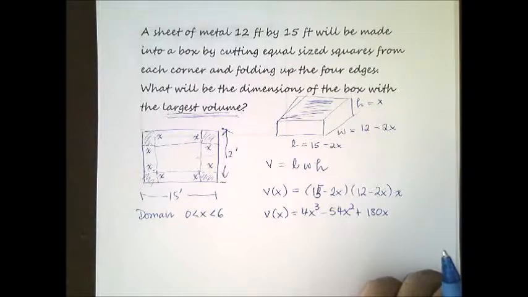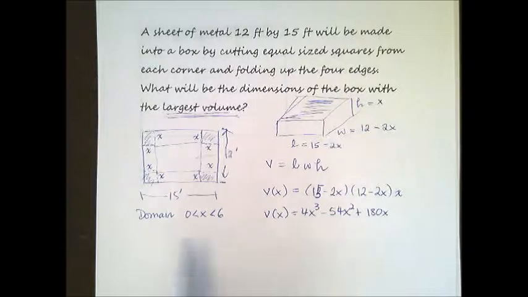Okay. So my next step is going to be to find the critical points so that I can maximize the volume. I'm only going to be worried about critical points that are on the interval from 0 to 6.